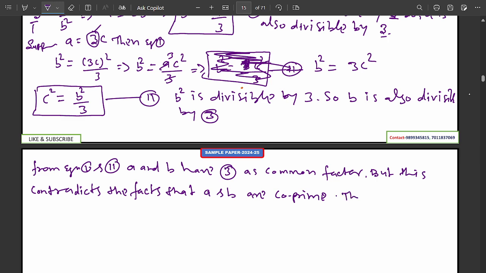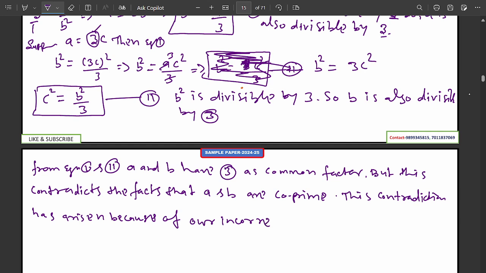This contradiction has arisen because of our incorrect assumption.